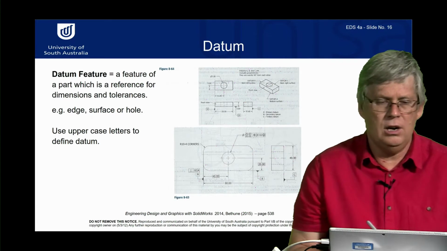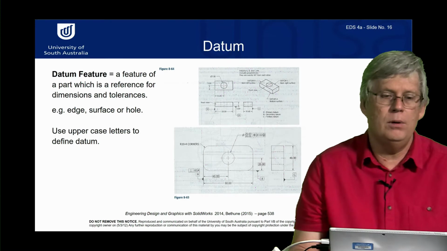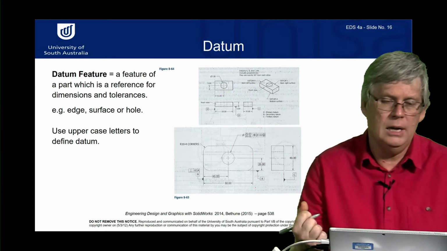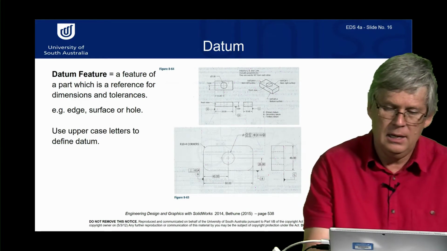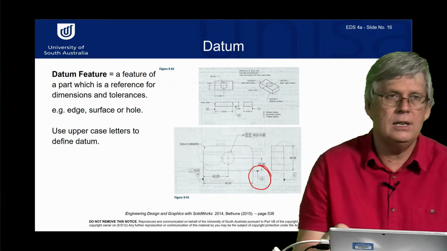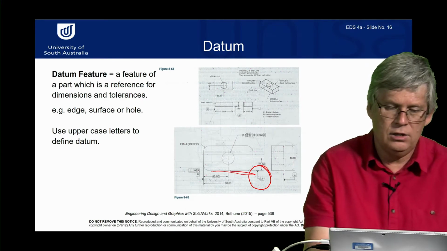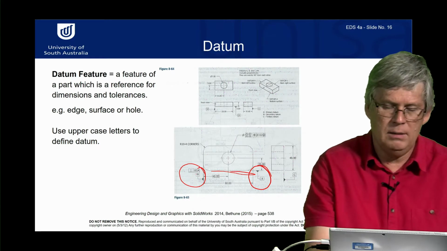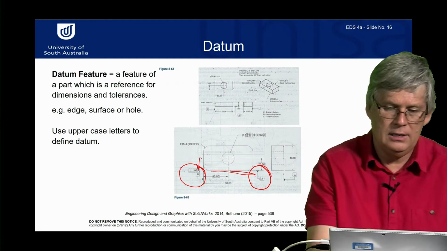For some of these geometry tolerances, we need a datum to refer to. If it's going to be perpendicular, what's it going to be perpendicular to? So we have datum faces. You can see here's a datum. It's got the symbol A with a line pointing to a surface here. And it's saying, here's surface B. So it's saying B is perpendicular within 0.2 of A. You can see A is in here.